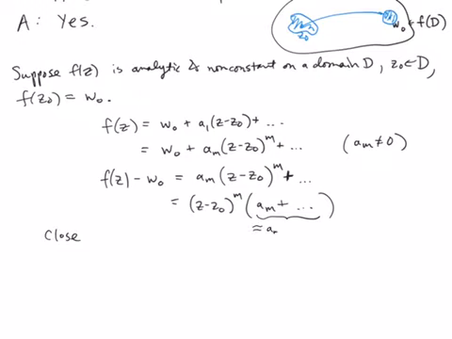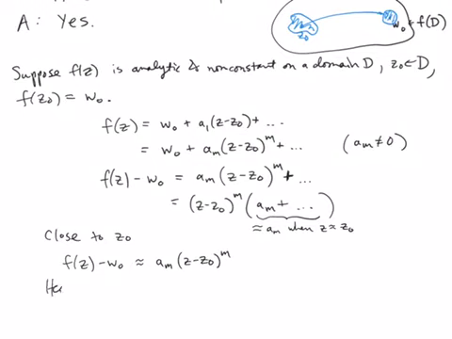So this is roughly a_m when z is close to z naught. This tells us that close to z naught, f of z minus w naught is approximately just the polynomial a_m times z minus z naught to the m.